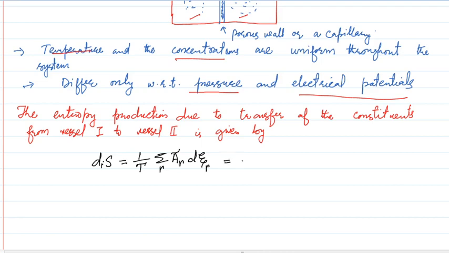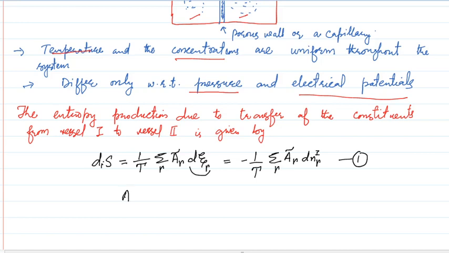So it can also be written as 1 upon T, and this extent of reaction d zeta gamma can simply be replaced by the change in the number of moles. Suppose the transfer of moles is taking place from compartment 1 to compartment 2, we will write it as d n1. Suppose this is the number of moles.